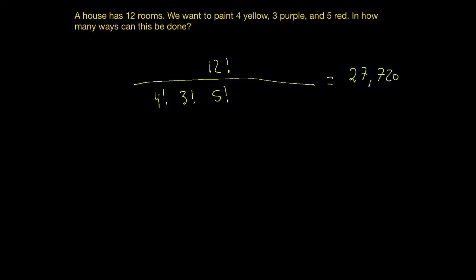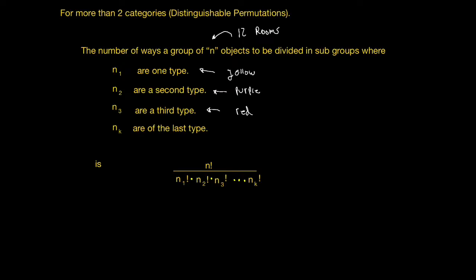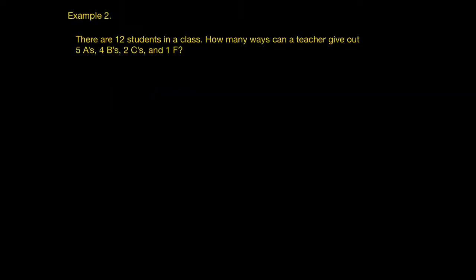So now let's talk about examples using this more than 2 category formula. So example 2. There are 12 students in the class. How many ways can a teacher give out 5 A's, 4 B's, 2 C's, and 1 F? And here's how we go about this. First, we get the number of students here, and we know that there's 12 permutations.